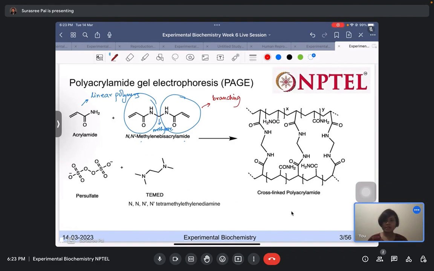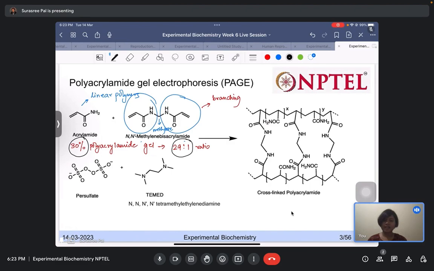So what is most commonly done is a 30% polyacrylamide gel, where acrylamide and bisacrylamide are mixed in a ratio of 29:1. So here are two factors. One is the gel percentage and another is the acrylamide and bisacrylamide ratio.